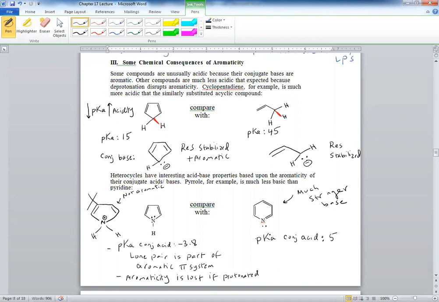And the reason why is because this lone pair, so I'm just going to write LP, lone pair, is not part of the aromatic pi system. And it's still aromatic. Aromaticity is not lost.